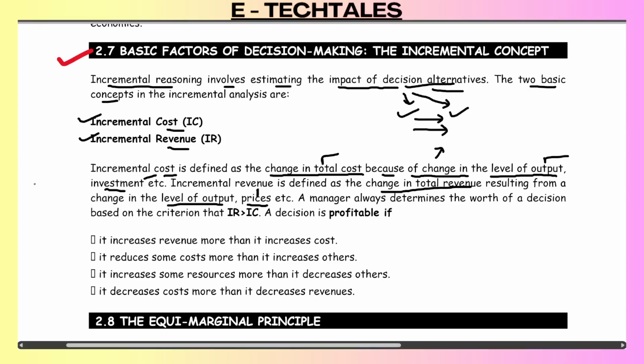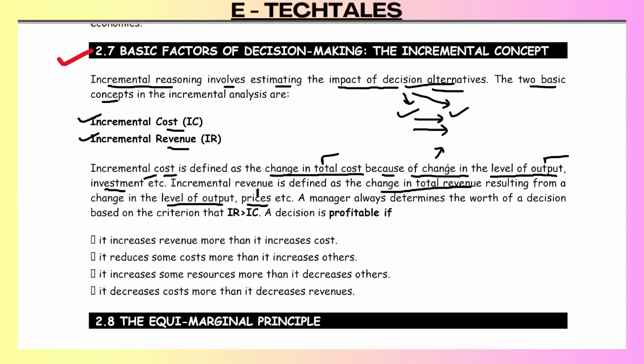Just try to remember one thing: total cost is related to investment, and revenue is related to prices. Okay, so the change in total revenue resulting from a change in the level of output or the change in prices. Whenever the price changes, the total revenue is directly affected. So that incremental change in the revenue is called incremental revenue.